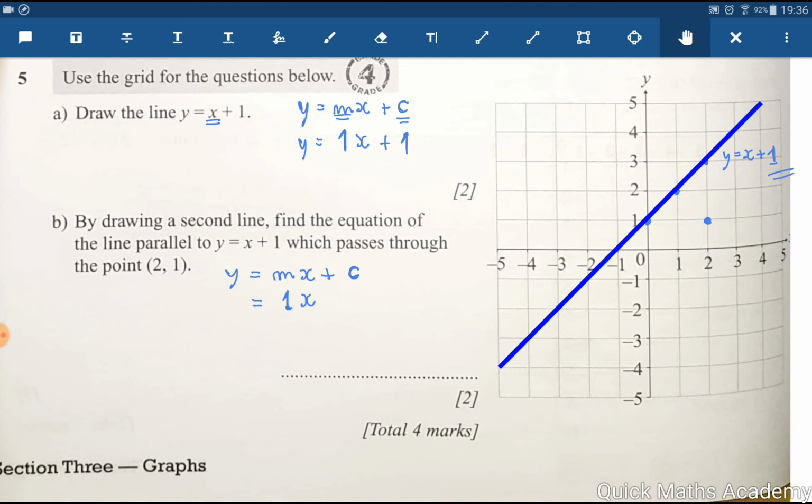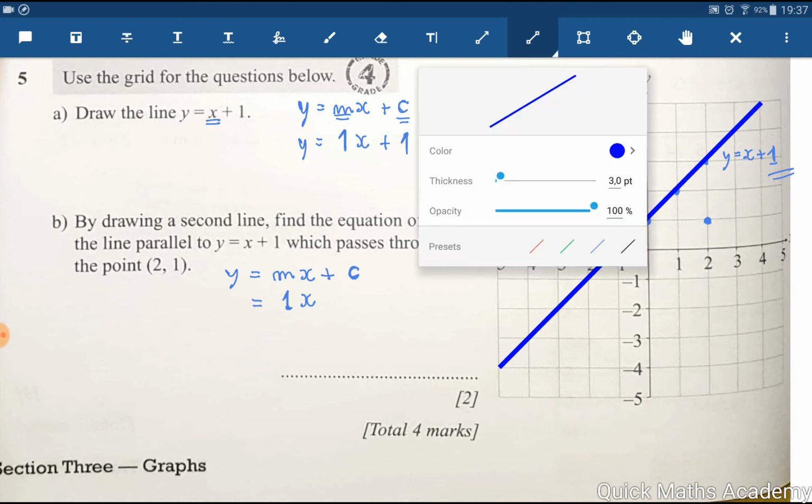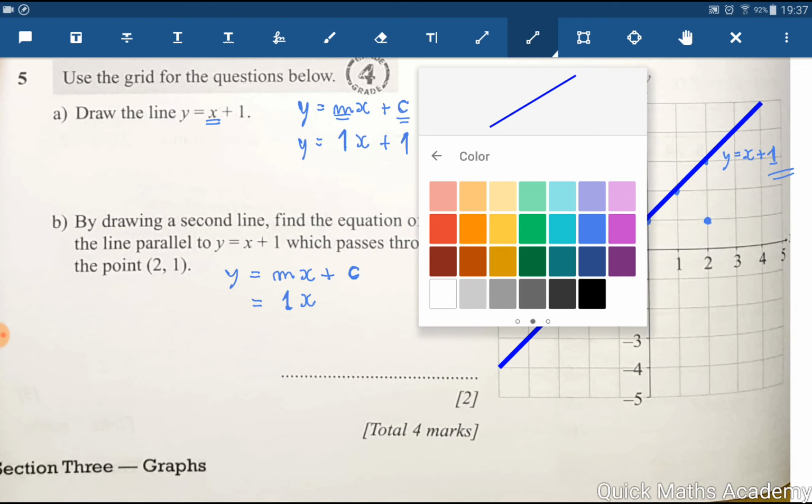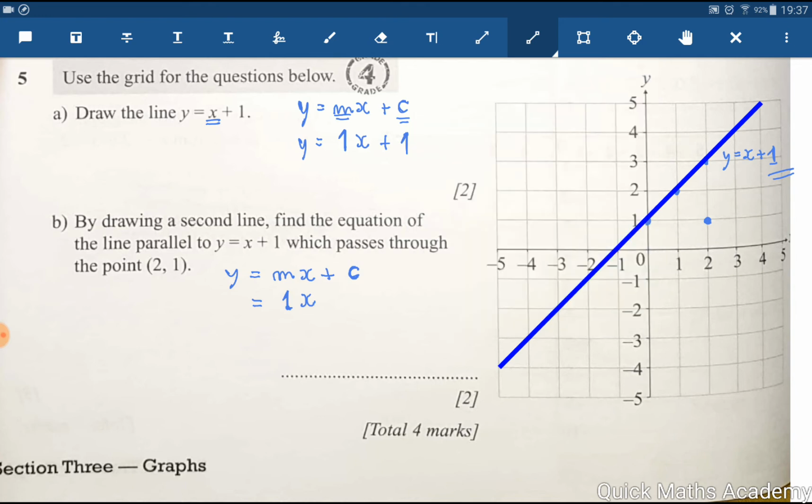So let me draw the chart with the same steepness as that line. I'm going to use another color, red. Let me see if it's this one. Yep, this one is absolutely parallel to the first one, and crosses the point that we drew.